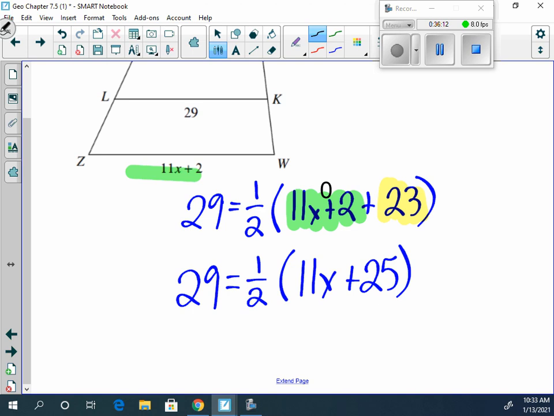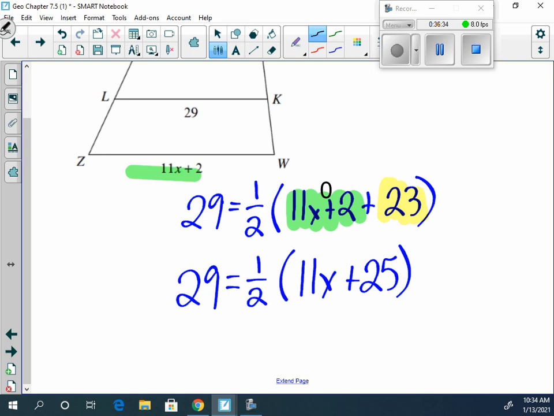Right, I need to times it by 1/2, yes? I'm kind of dividing each number by 2, yes? Will 11 and 25 divide by 2 evenly? No. I have a feeling most of us don't like dealing with decimals if we can avoid it.